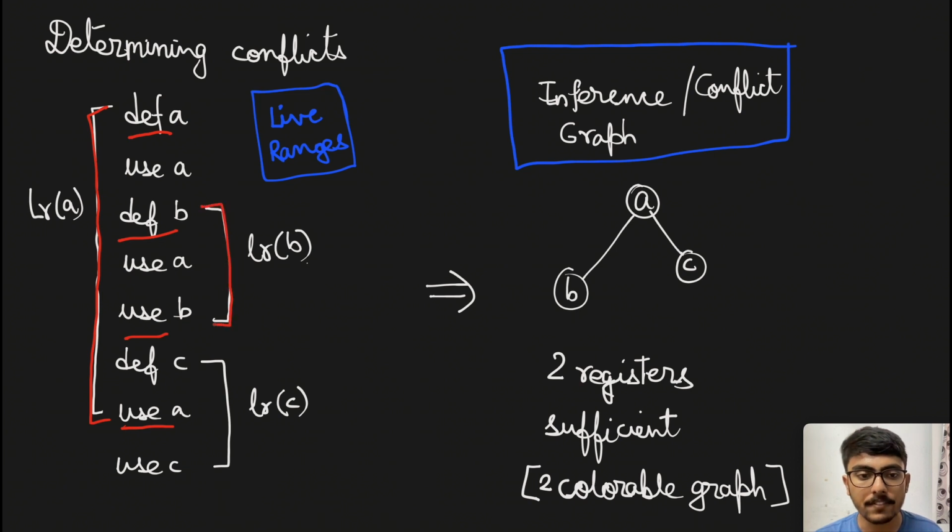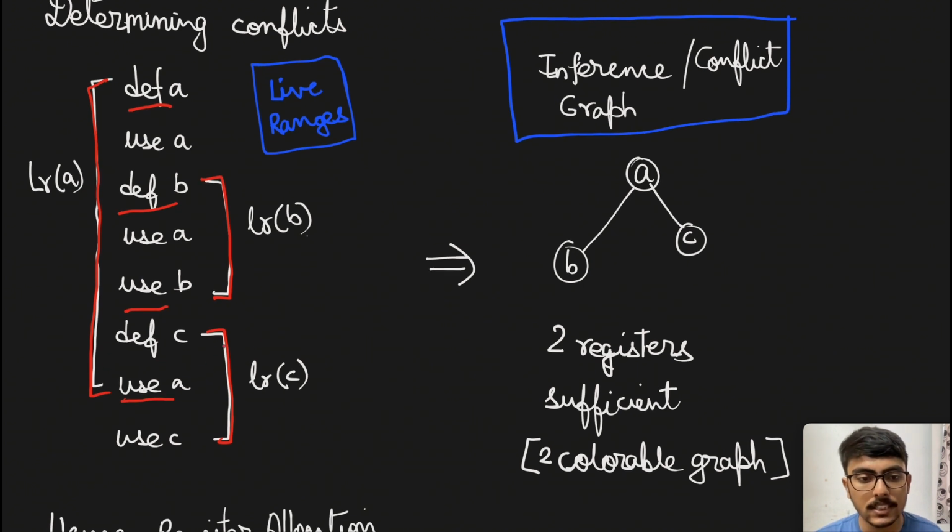So the entire live range will be this. Similarly for C. So we can see that whenever two of these lines intersect, there is a conflict. Similarly, here is a conflict. This means that the variable A is in conflict with both B and C, or you can say they are both overlapping at a place.